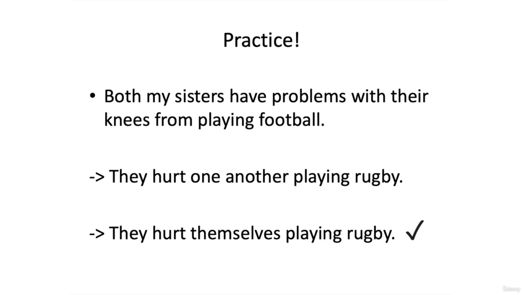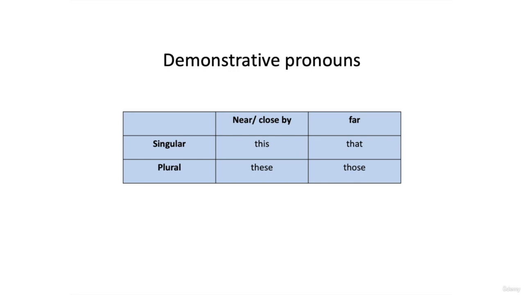Good job! Now let's move on to our next category, demonstrative pronouns. A demonstrative pronoun refers to a specific thing to indicate whether it is close or far in space and or time.